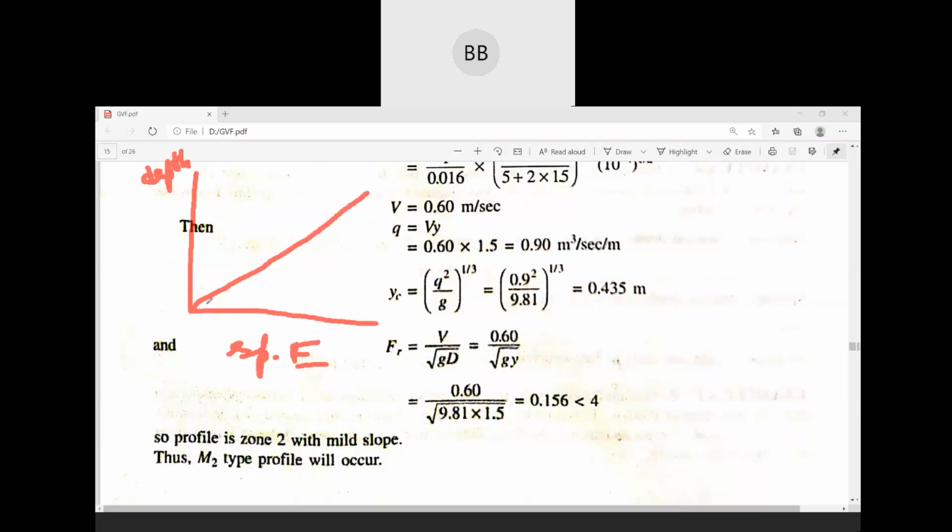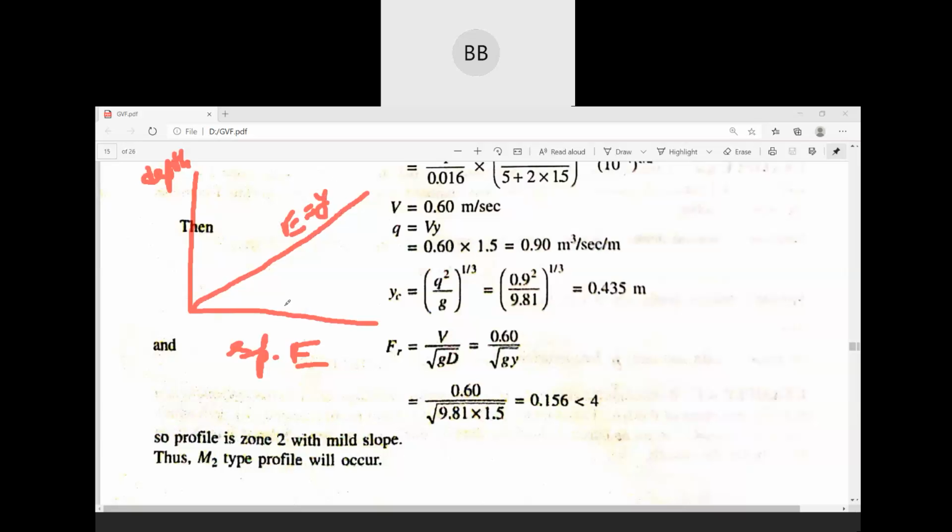This line is called specific energy equal to depth of flow, at an angle of 45 degrees. It's just an imaginary straight line where specific energy and depth of flow are the same.